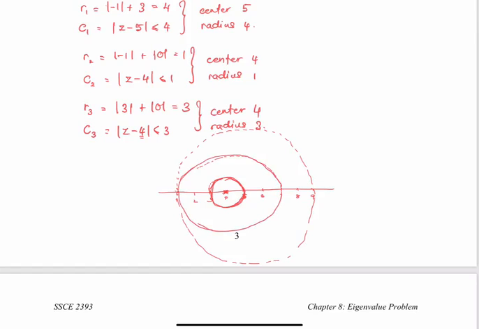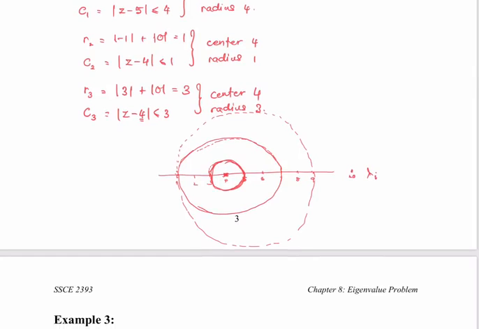So that our eigenvalues must be in this circle, or what we can say is that therefore lambda 1, 2 or 3 must be an element of 1 to 9, because we have a range for this one from 1 to 9.